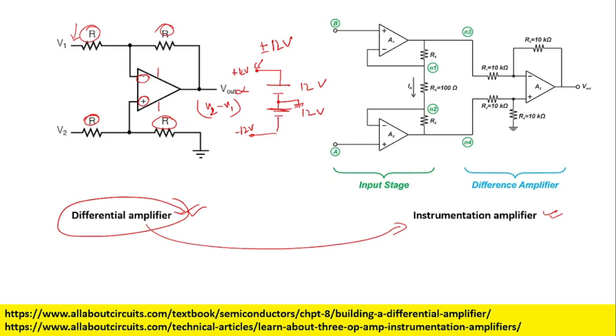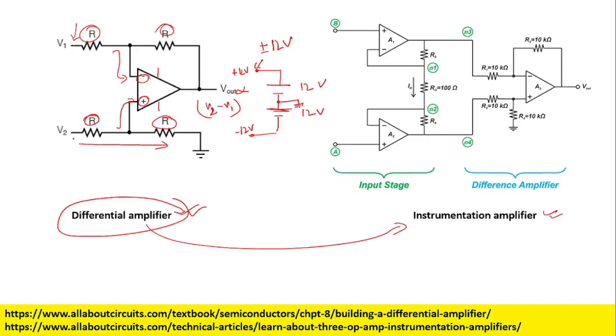If you see, the inputs of the op amps have very high input impedance. So when we try to measure this voltage from either of the terminals, the currents cannot go into the input terminals of the op amp.